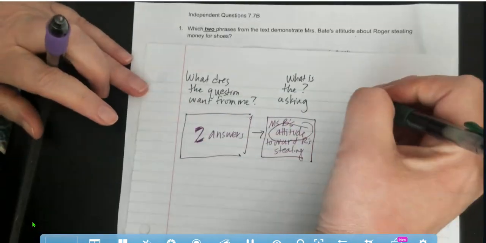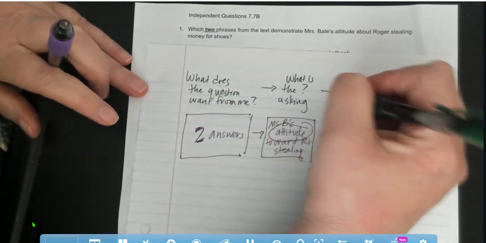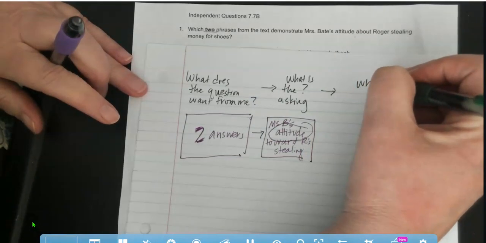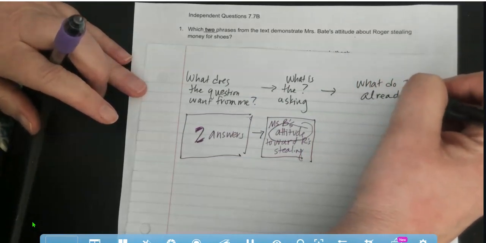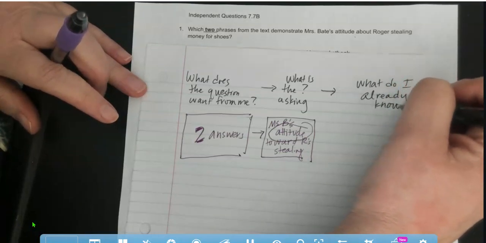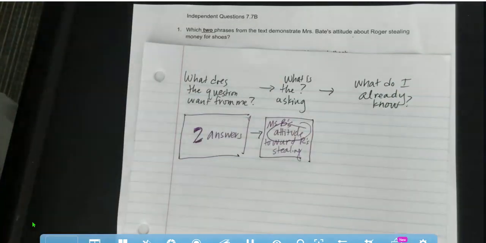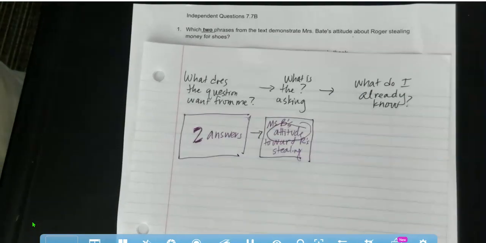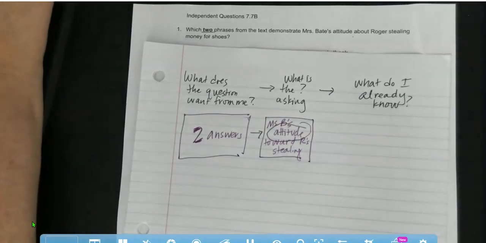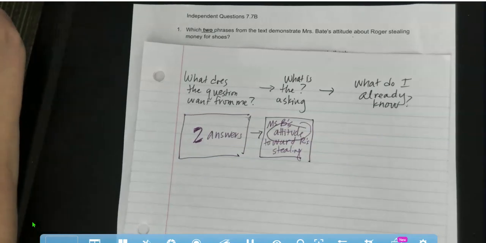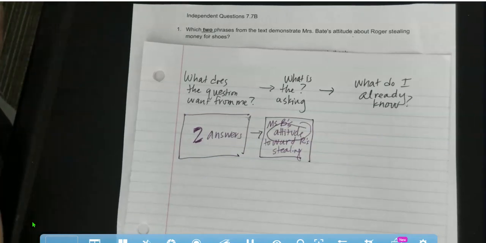The last thing I'm going to ask myself is, what do I already know about that? This is probably a super important step that a lot of kids don't do. A lot of adults don't do either. And the reason is we see a multiple choice test and we think, well, they've provided answer choices. Why not just use those?